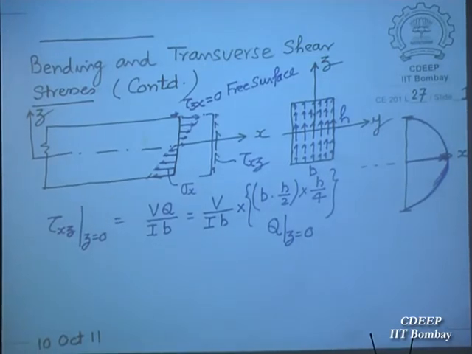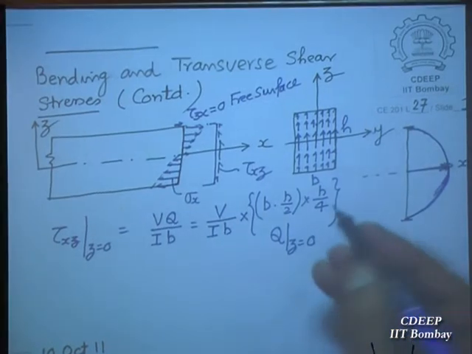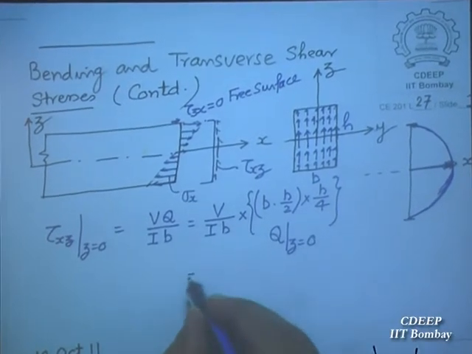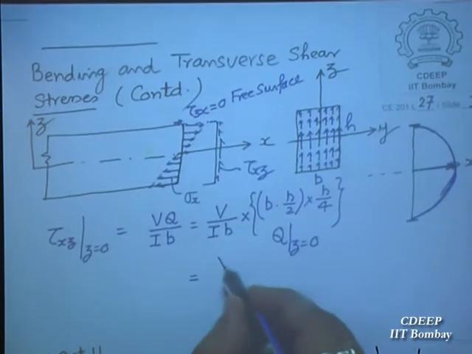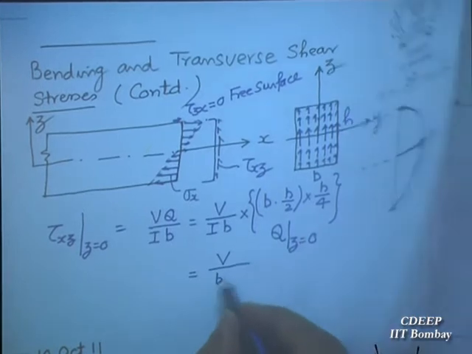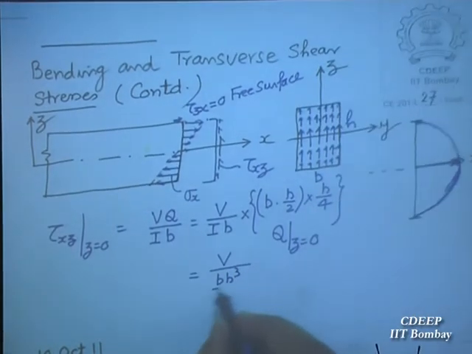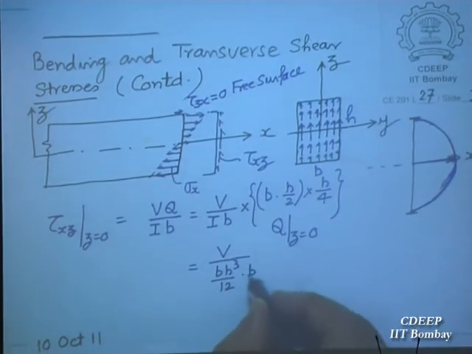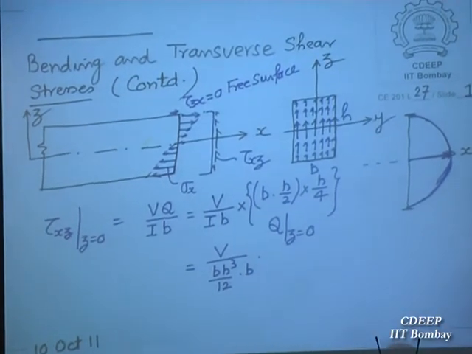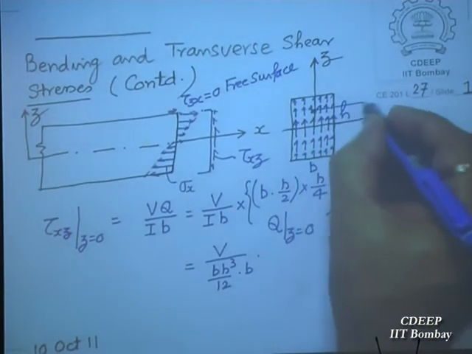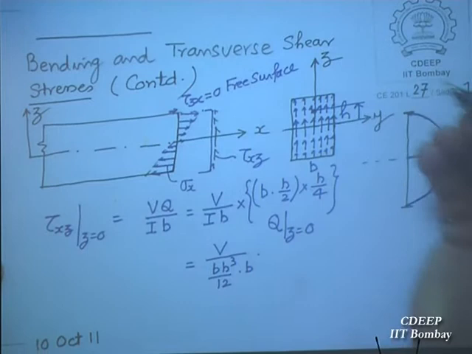Anyway, please tell me what is the value of Q. Now this is V, I equal to BH cubed by 12, into B, centroid of this area, what is this distance? H by 4.